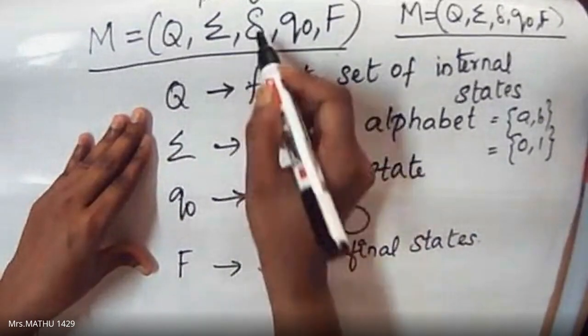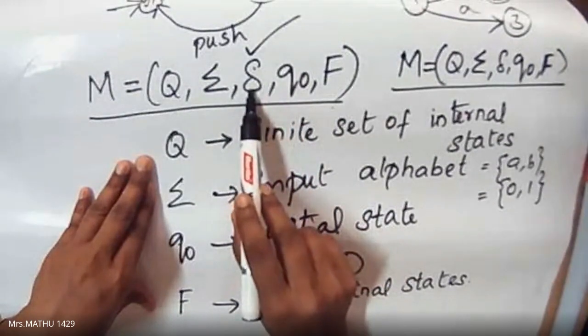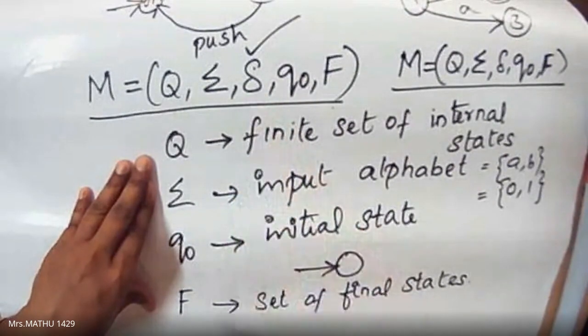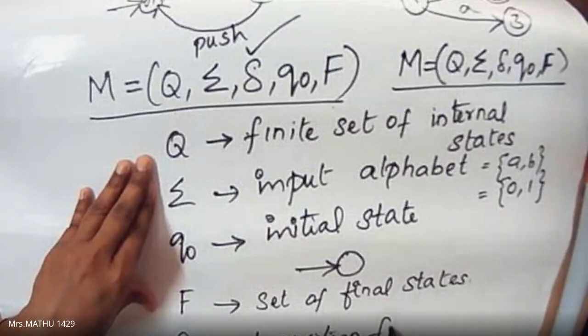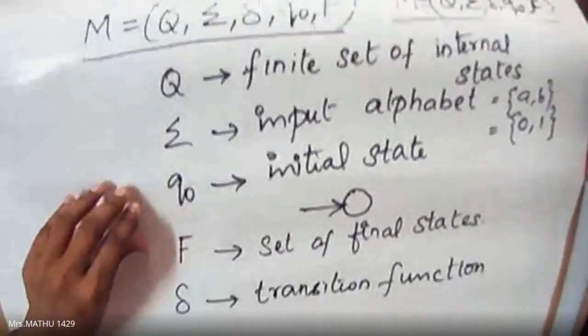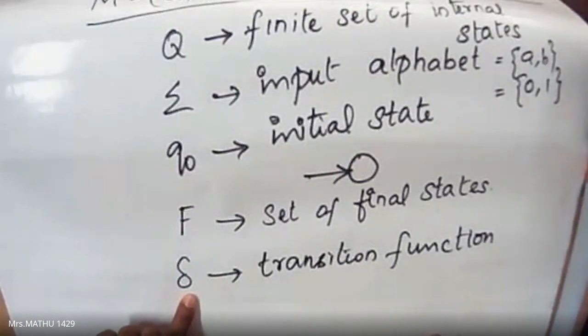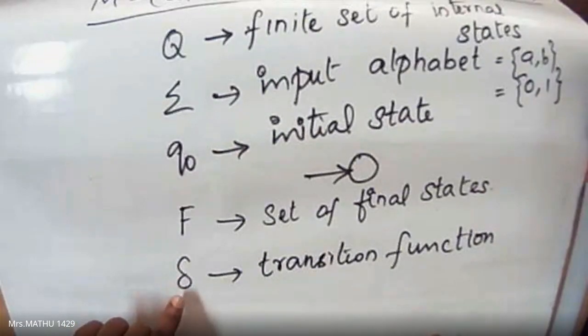Now we have one more thing left, that is the delta. Delta is nothing but the transition function. The difference between DFA and NFA lies in this transition function: how the transition happens from one state to another state.